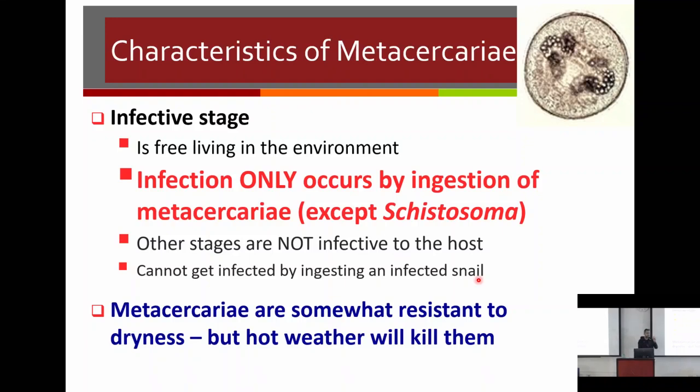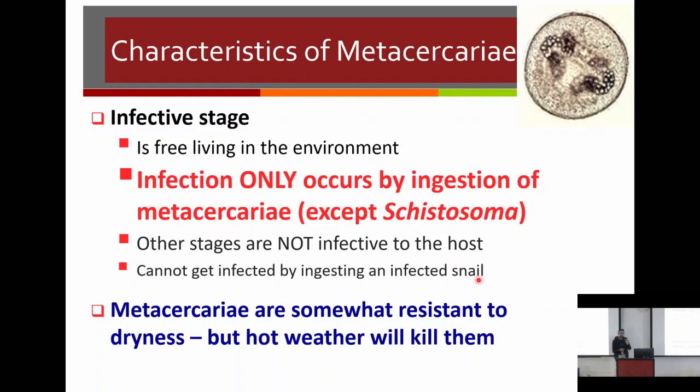That is always in the free living environment, and the infection only occurs by ingestion of the metacercariae, not the snails, because they come out from the snail. Except, as I said before, schistosoma is the exception.